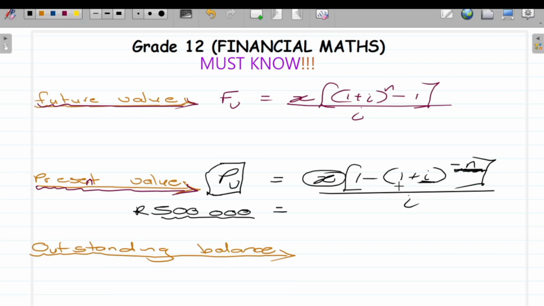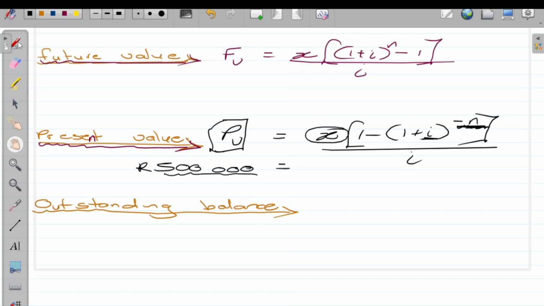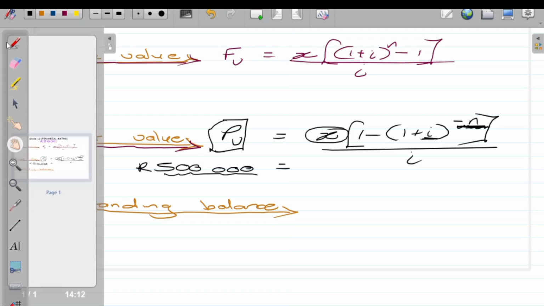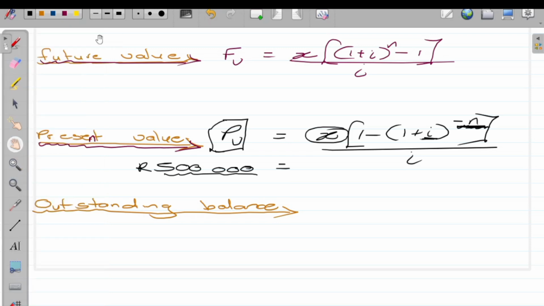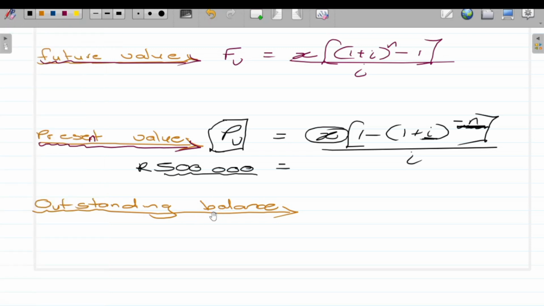So yeah, guys, then we have the outstanding balance formula, which is used when you were repaying the loan, but you stopped halfway, or you stopped after a specific time, so you didn't complete paying the loan. We use the outstanding balance formula to find out how much money was left because you had been paying. So this is how the formula looks.